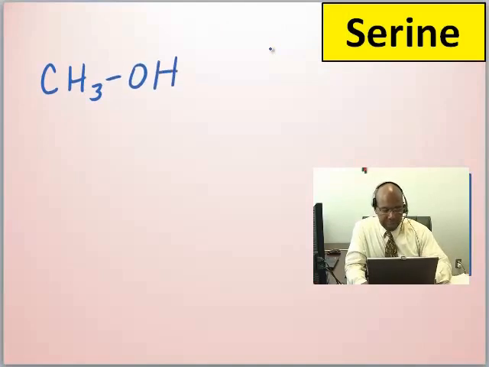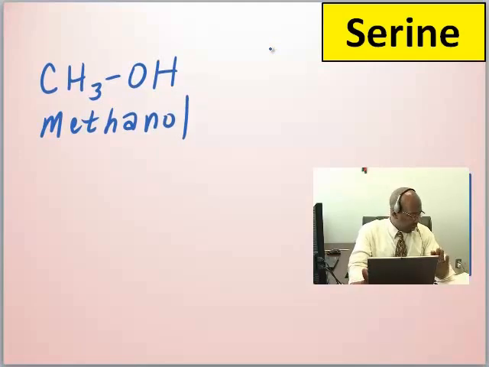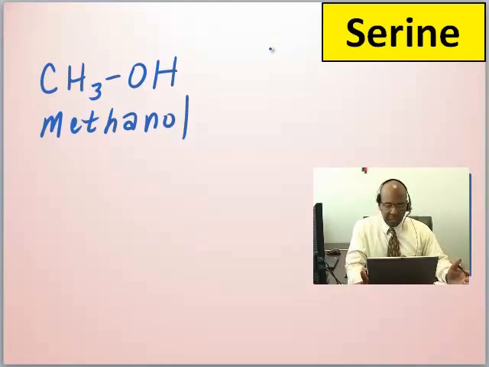And this, of course, is methanol. And serine follows the methyl attachment rule, so it's easy to see that for serine, the methyl group is going to attach to the alpha carbon.